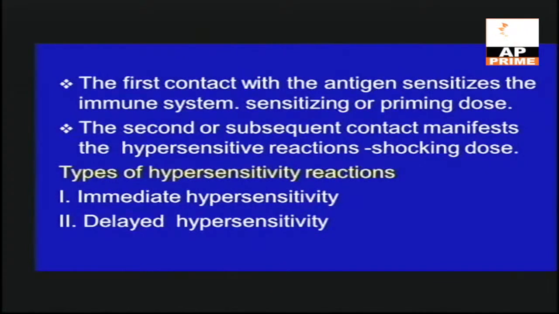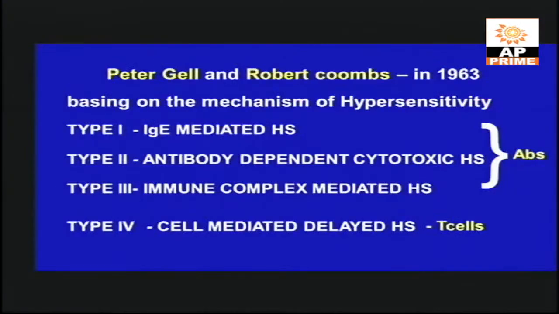Based on the time required for appearance of the symptoms, hypersensitivity reactions are divided into two types: immediate hypersensitivity and delayed hypersensitivity. That is a broad classification. Later, Peter Gell and Robert Coombs in 1963 proposed four types of hypersensitivity reactions, and this is universally accepted because it correlates both the process of the reactions and the appearance of the symptoms.